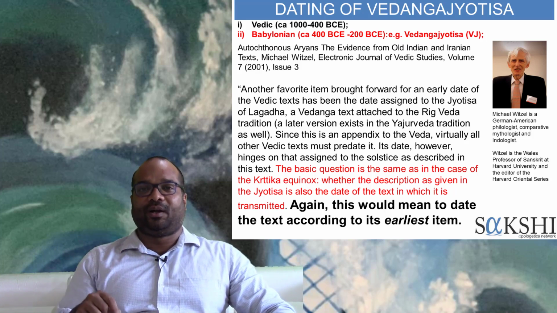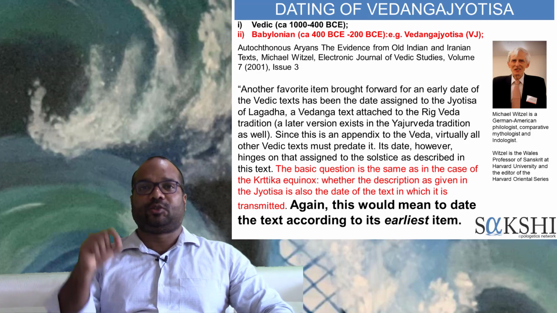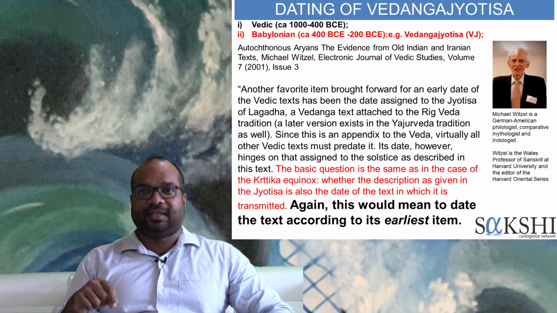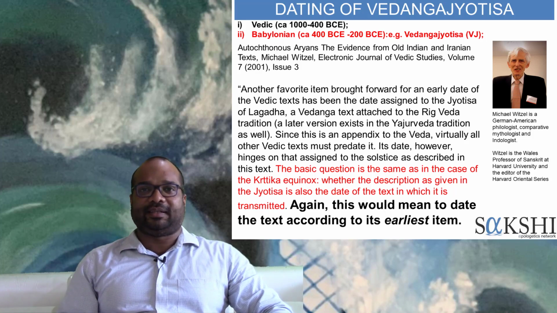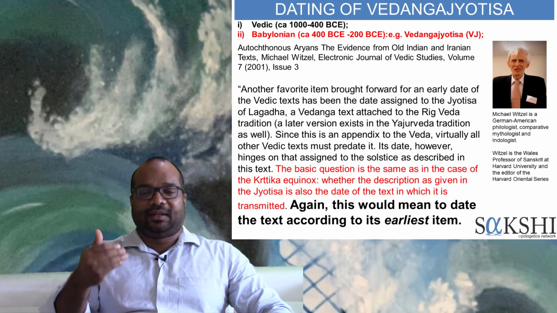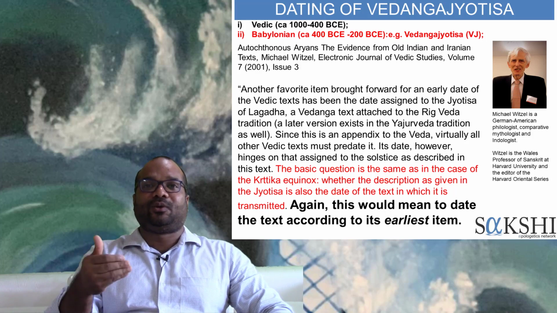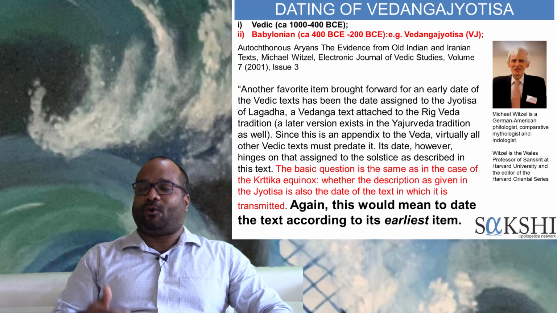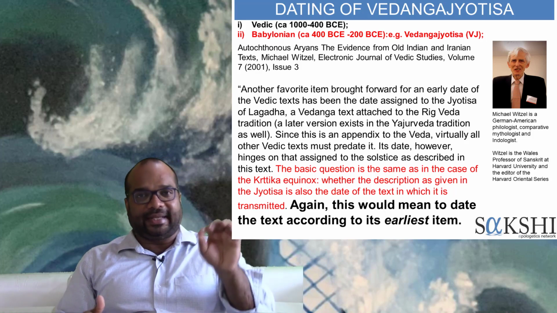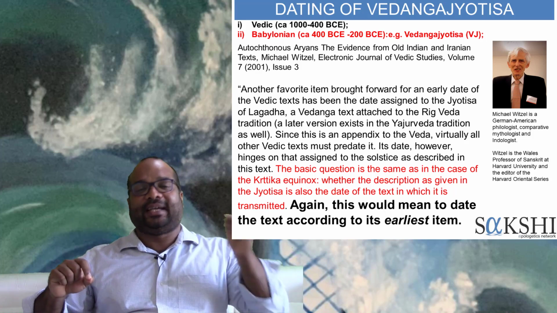Suppose I write a book and I speak about Narendra Modi as the Prime Minister, and I also speak about Jawaharlal Nehru as the Prime Minister. You would never date my book to when Jawaharlal Nehru was alive. You would say that this book was written either during the time of Narendra Modi or after him. So you would date it according to the latest item, not the earliest item.